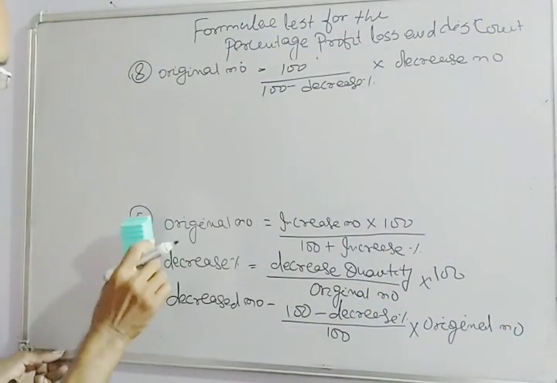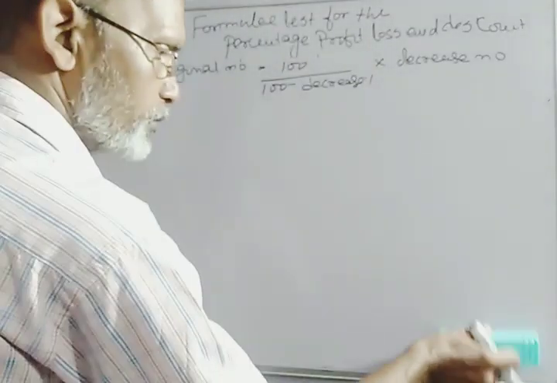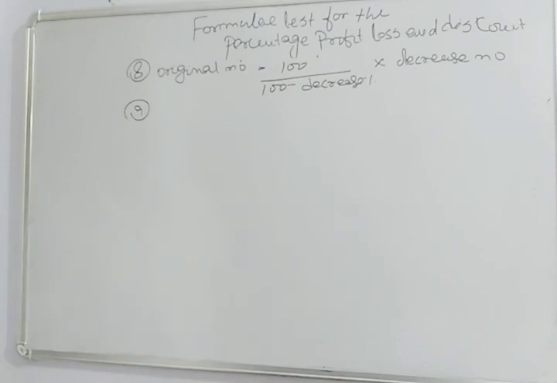Then number 9. Ninth one is how to find out the percentage of a given quantity.